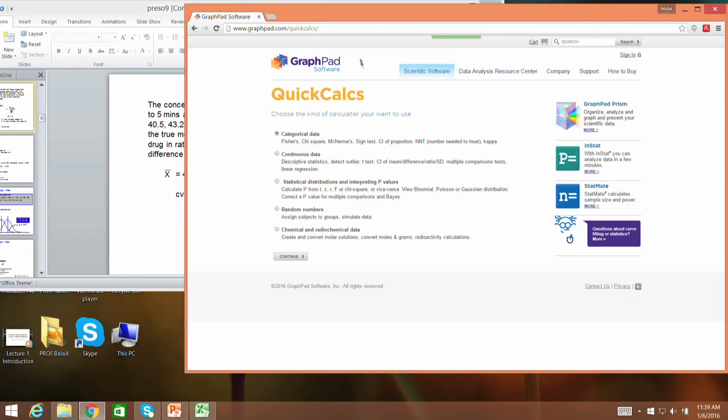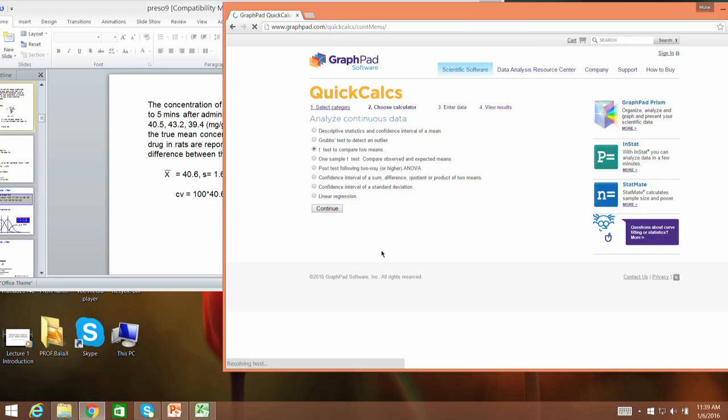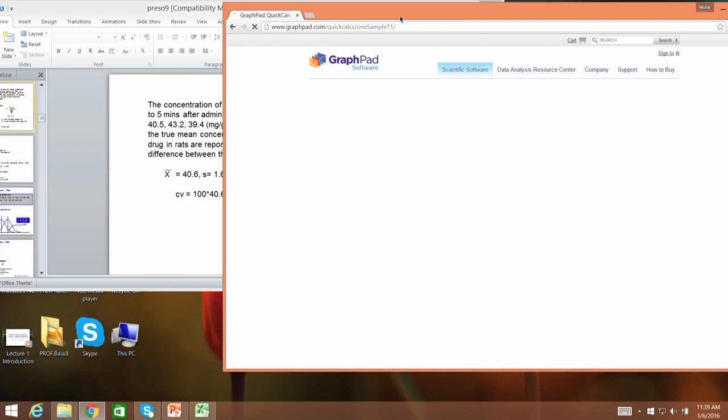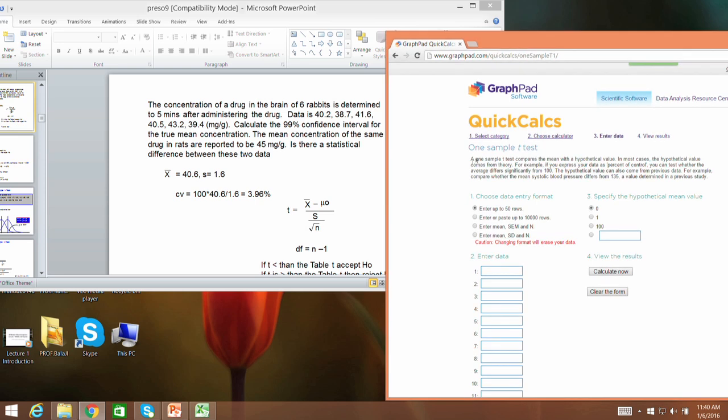As you can see, descriptive statistics, t-test here, the GraphPad. Here you have the one sample t-test. So we can give the data here: 40.2, then 38.7, then 41.6, then 40.5, 43.2, 39.4.